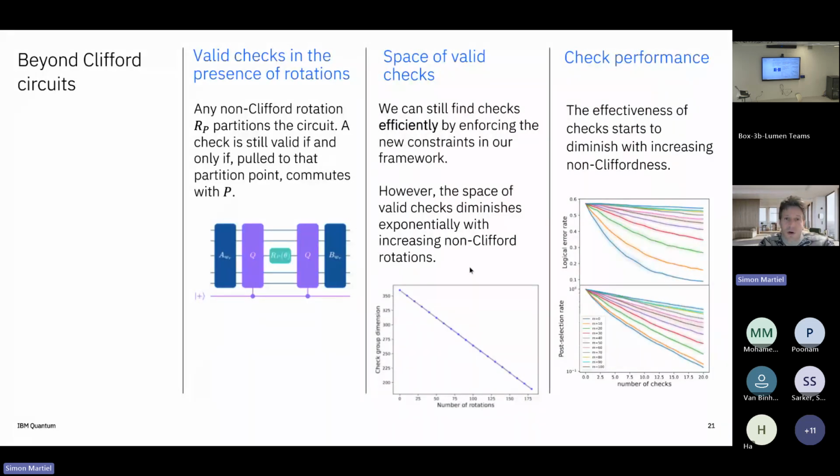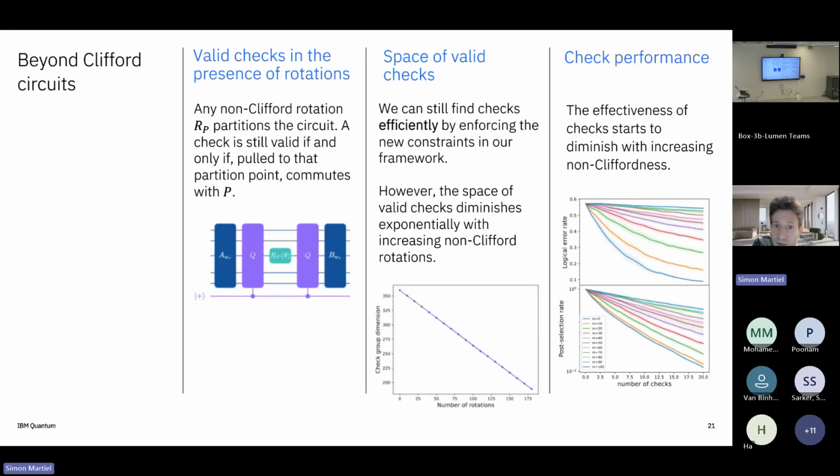The cool thing about this decoding-based framework is that we can also deal with circuits that contain non-Clifford gates. So everything I talked about here relies on the fact that we can propagate Paulis through the circuit we are trying to detect. And this assumes that the circuit itself is only Clifford. In any interesting case, we should have non-Clifford gates somewhere in the circuit.